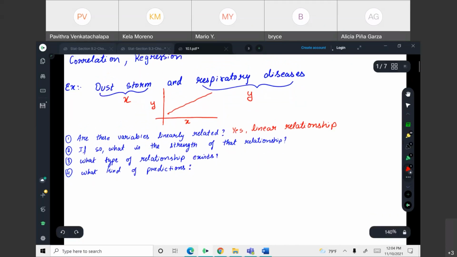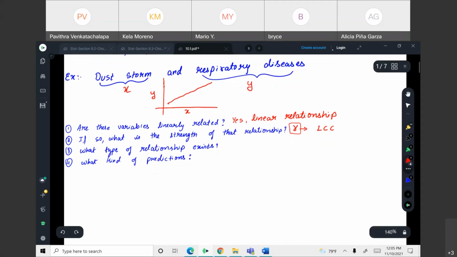If you want to find the strength of any relationship between two variables, you have to first find out R, which is called the LCC, that means linear correlation coefficient. If you want to know whether it is highly positive or highly negative, then you need to determine the R, and you know how to do that.